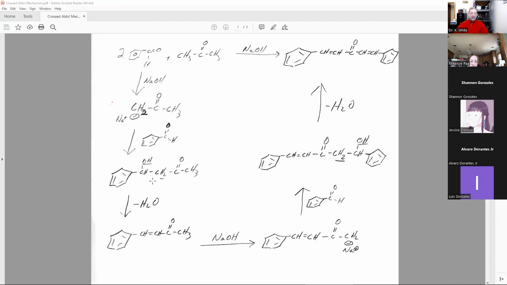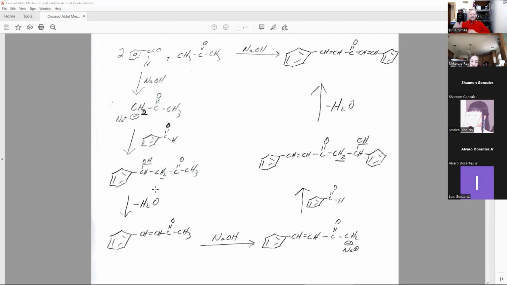Now, what you don't know, but I'm going to teach you now, is when you can have conjugation, alternating single, double, single, double, single, double, and so on bonds, that makes a molecule more stable. And anything a molecule can do to make itself more stable by losing another stable part of the molecule, it can. If you look at this molecule right here, it has a hydroxyl group and a hydrogen on adjacent carbons.